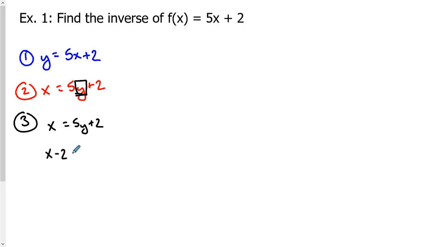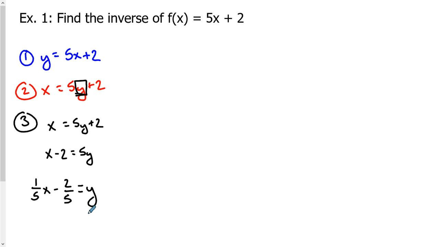So x minus 2 equals 5y. Then I'm going to divide everything by 5. So this becomes 1/5 x minus 2/5, because that's what happens when I divide x by 5 and -2 by 5. And that will equal y.